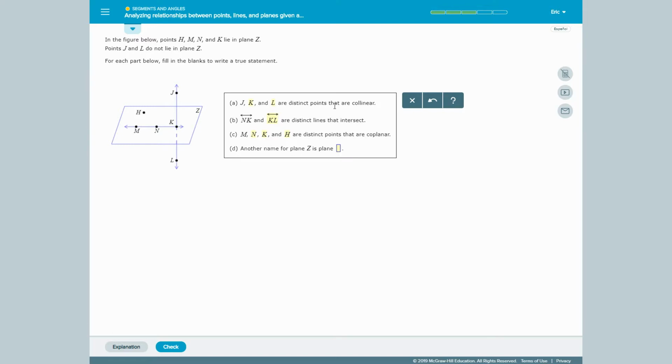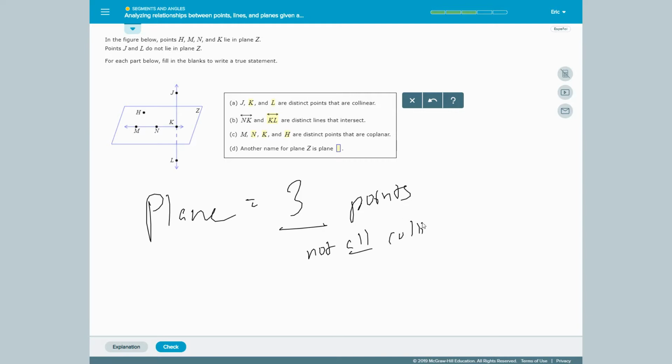A plane is named by any 4 points on our plane. The only thing is that all 4 points cannot be on the same line. That means there has to be at least 1 point that's a rogue point. So let's back it up. A plane is named for every 3 points, not all collinear.